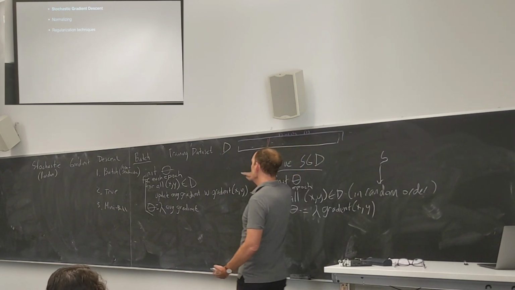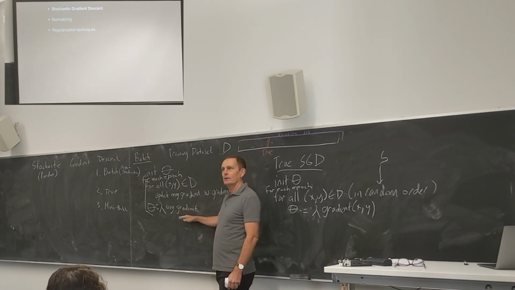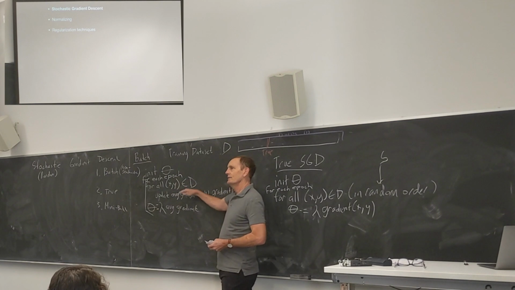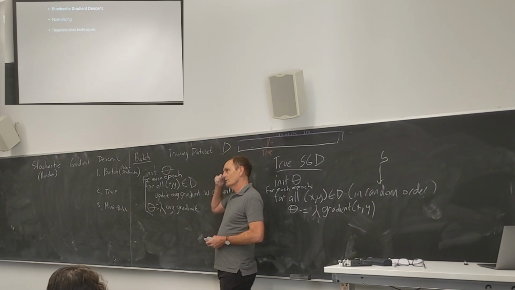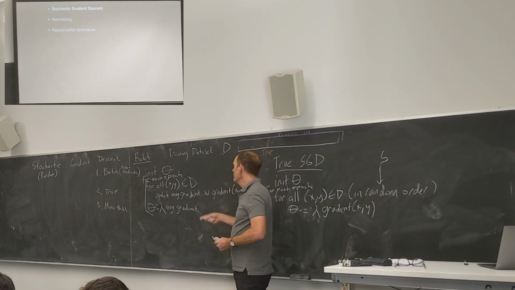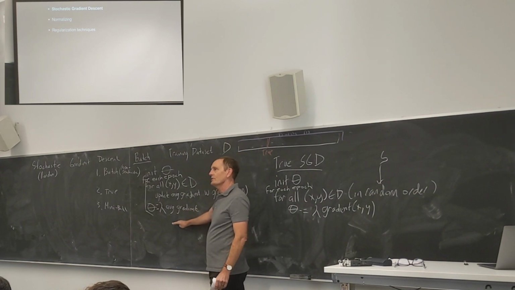My question was going to be, what do we know about the loss here after every epoch? Are we guaranteed that it's going to be going down, Matt? In this case. So, and when we talk about the loss, let's say the loss across our entire training set. So if we actually go through, update theta, and then calculate our loss across the entire training set, has it necessarily gone down?